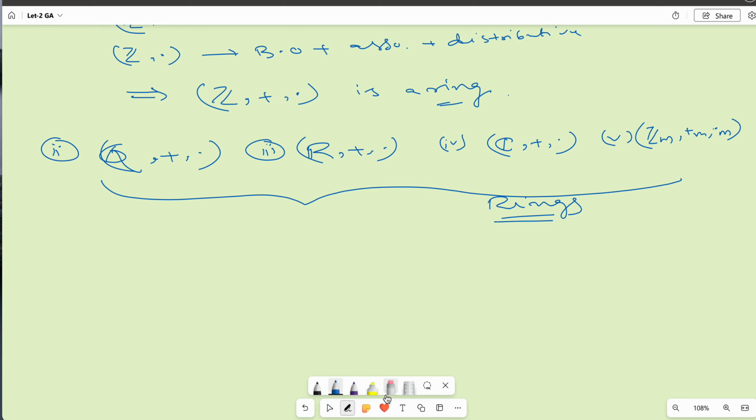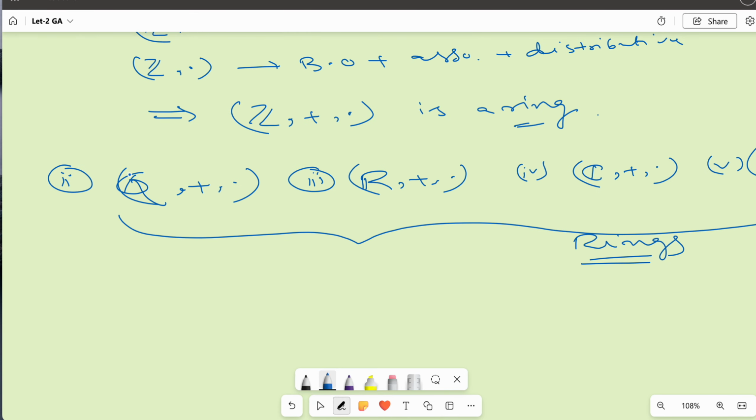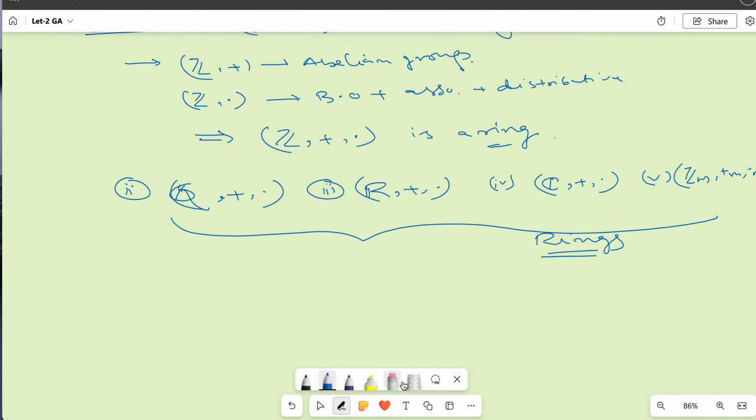This is Q, right? Don't confuse. This is Q, the rational numbers. You have to show all of these are rings. Highlight is not working, so anyway.